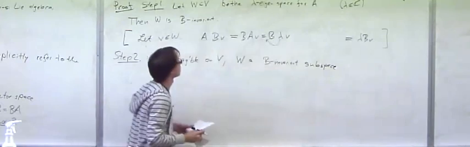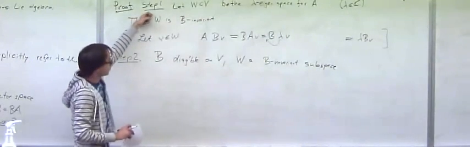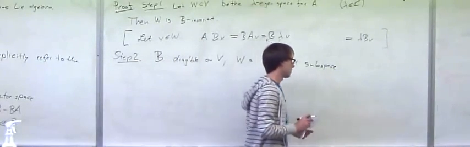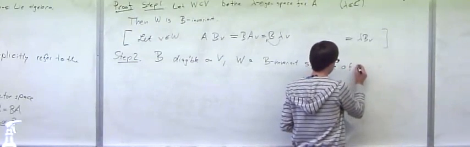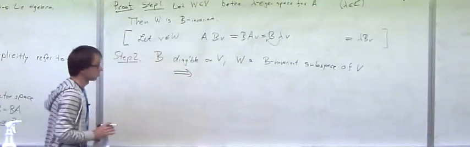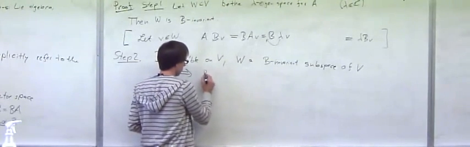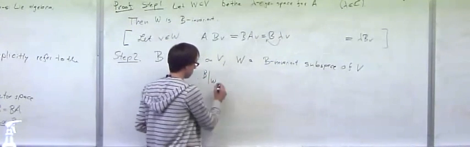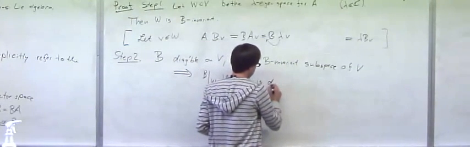So, for example, such a lambda eigenspace for A, as we proved in step 1. So let W be any B invariant subspace of V. And the claim is that from these two conditions, I can conclude that the restriction of B to W, so this is an endomorphism of W, is still diagonalizable.